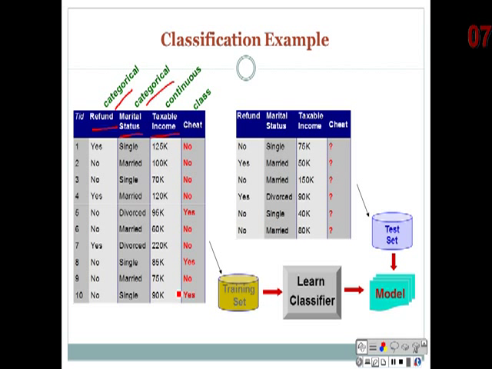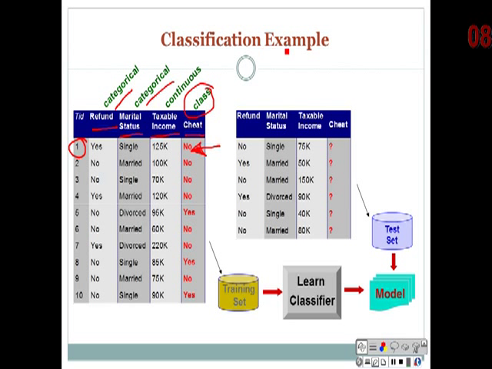The user ID numbers are just identifiers for the user. And here they are predicting whether that user is filling out his taxes with the right value, or whether he is cheating or not. So this is the class.